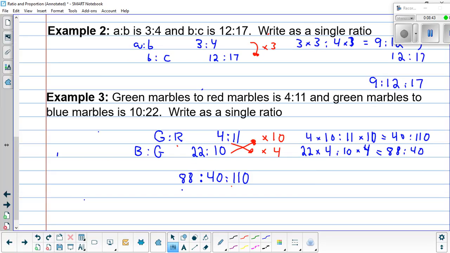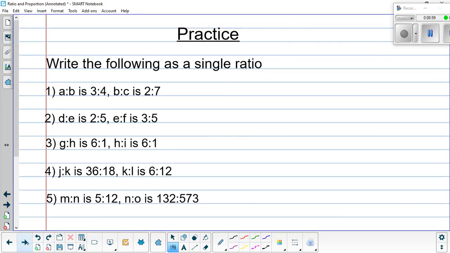Well, our blue is 88, our 40 is our green, and our 110 is our red. Whoops, didn't actually have to write red, just R. Okay, so here are now 5 questions for you to practice. Once you are ready, press play, and we will go through.